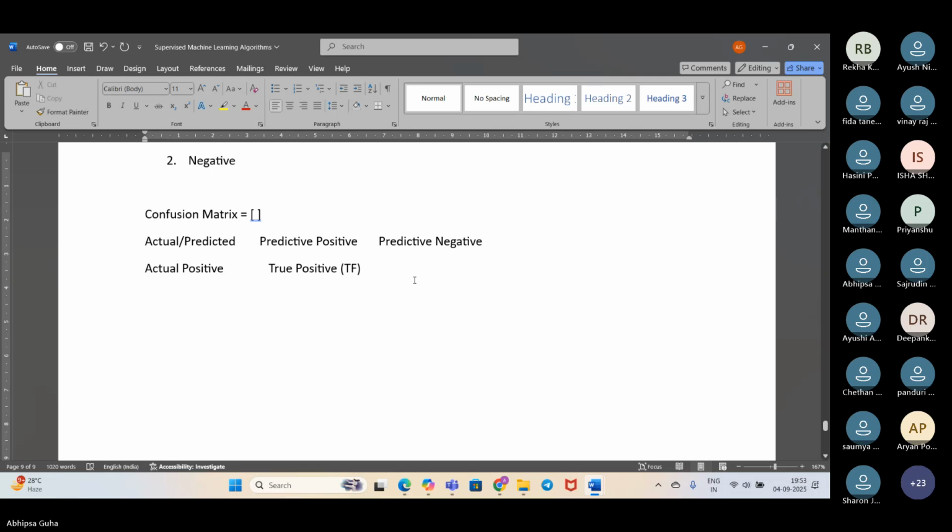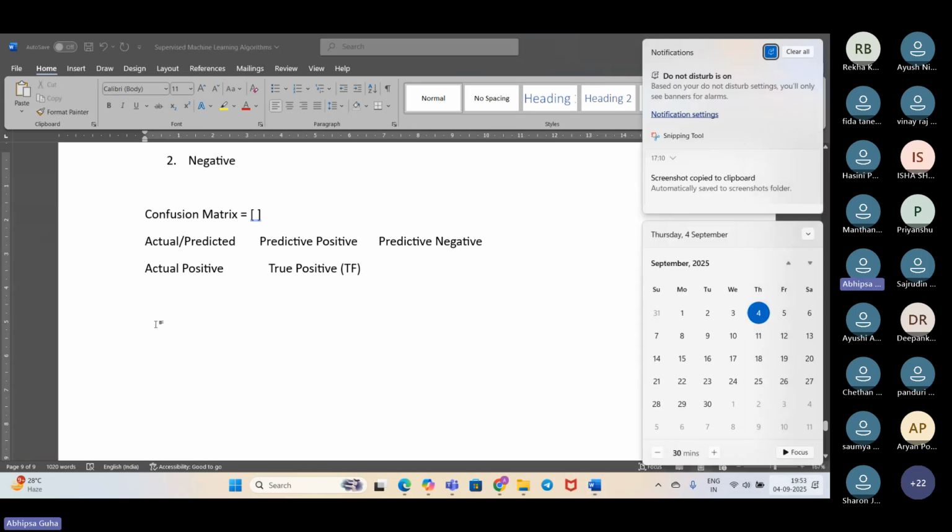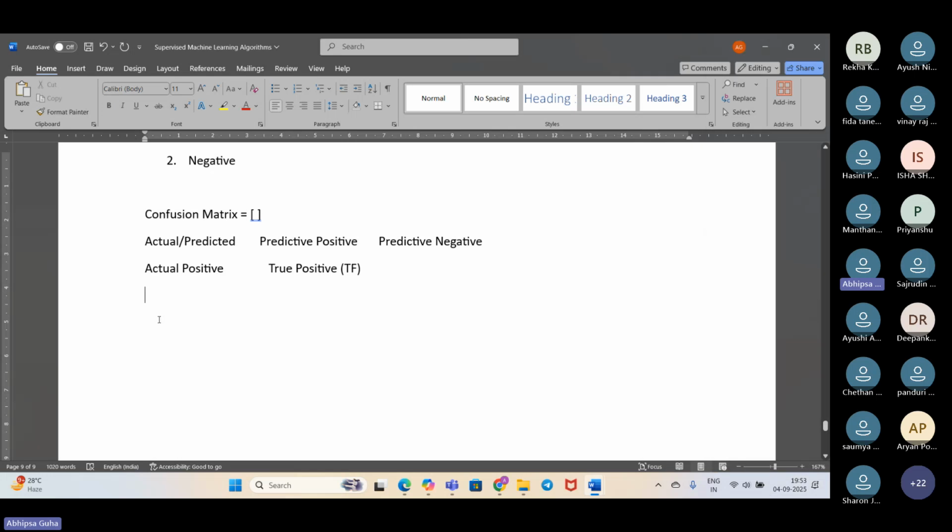Now we check for actual negative. Here we check for the false positive value, the FP value.